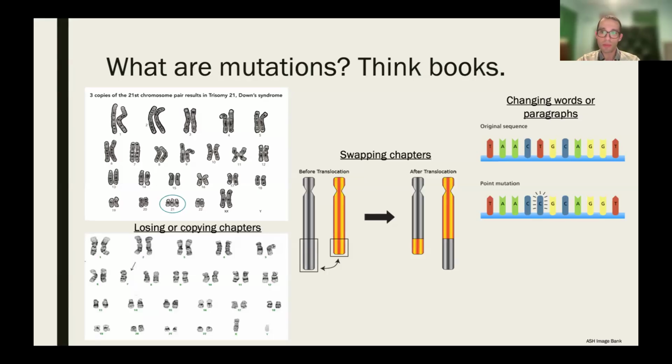An inversion is more like what's shown here, where you have large amounts of chromosomes that switch places with each other. And so they both can cause cancer, but they're just not the same on a genetic level.